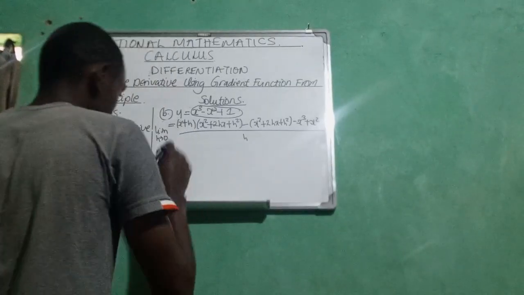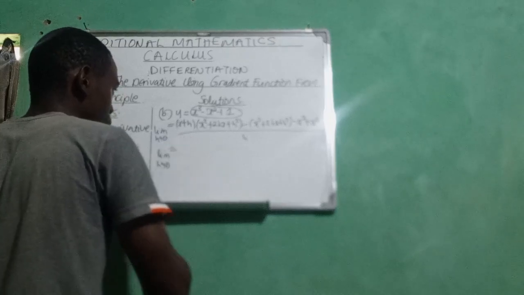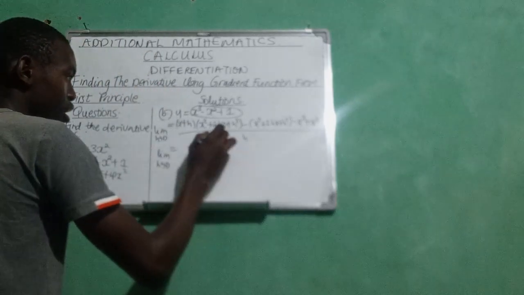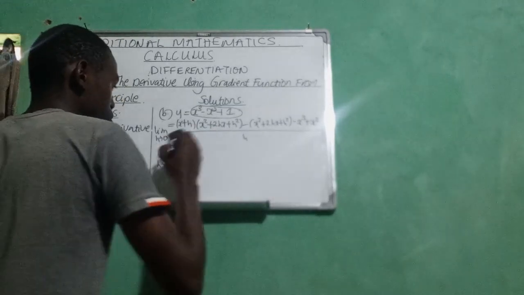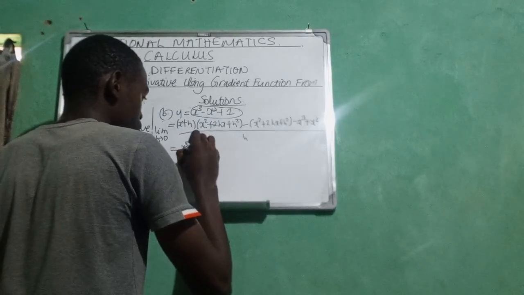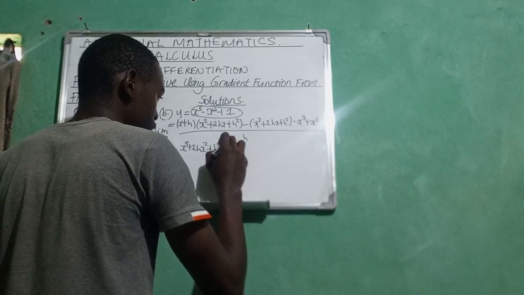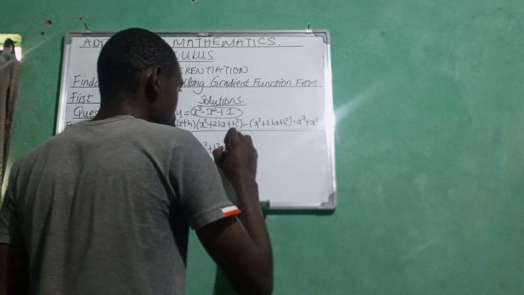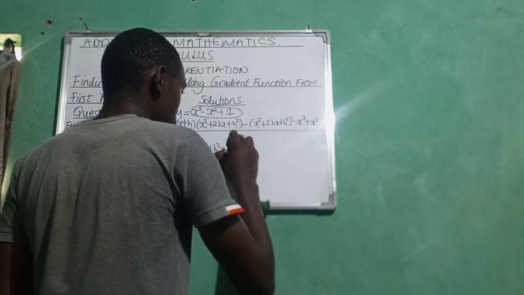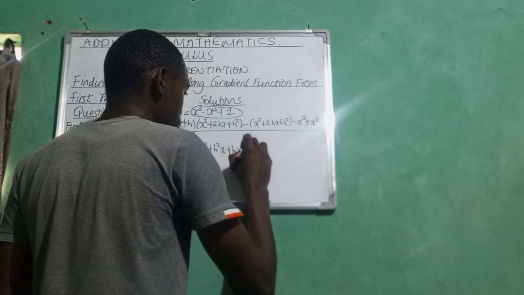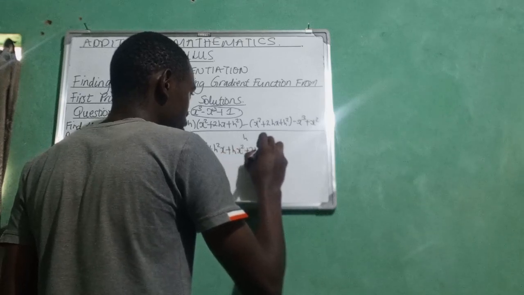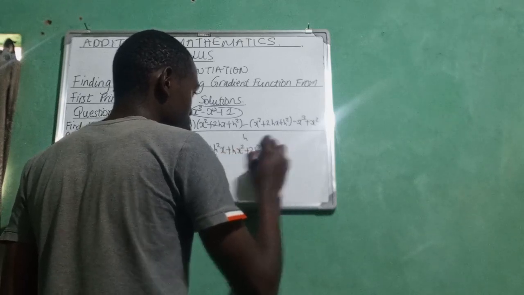We are still taking the limit as h approaches 0. This time we can distribute the x and also the h. So this would be x cubed plus 2hx squared plus h squared x, then plus hx squared plus 2h squared x plus h cubed.